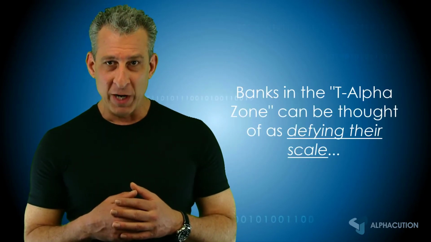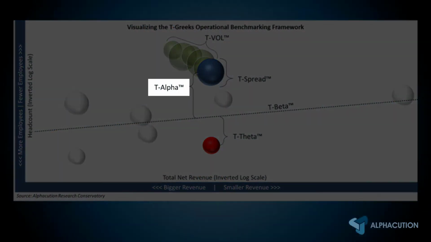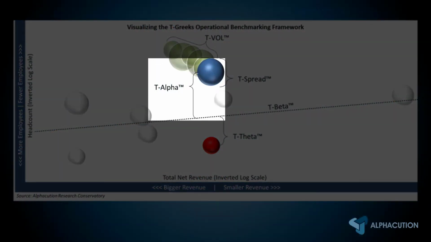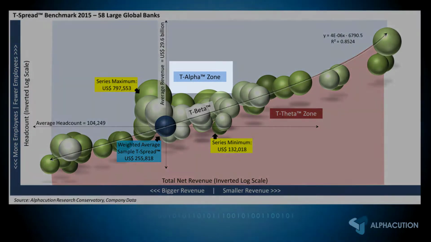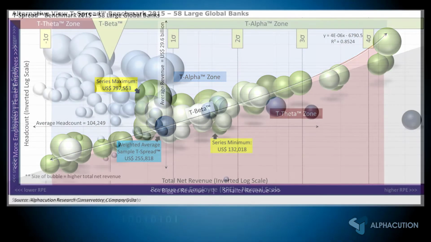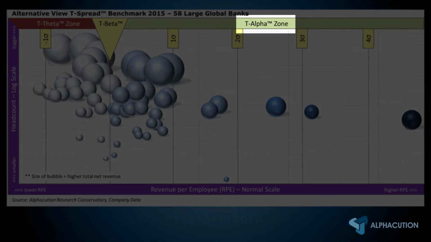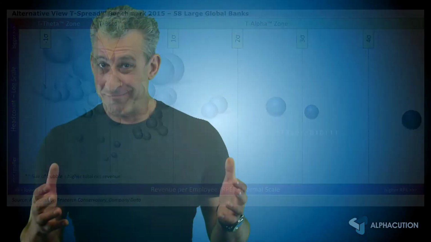That's a situation where it can be described that you are defying your scale, that you're punching above your weight class, that you're generating more performance given your investment in technology per employee relative to the sample. So sometimes you hear us use the term technical leverage. And this is a case where the technical leverage is beyond that of the benchmark, of the consensus of the community. Of course, the opposite of that is tech debt.